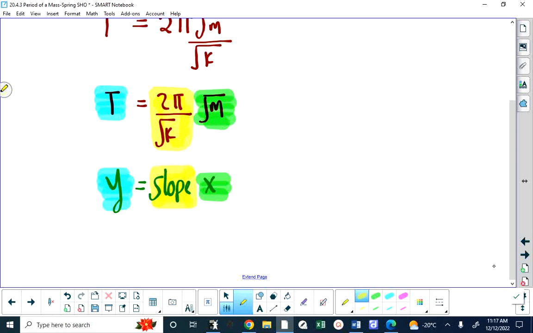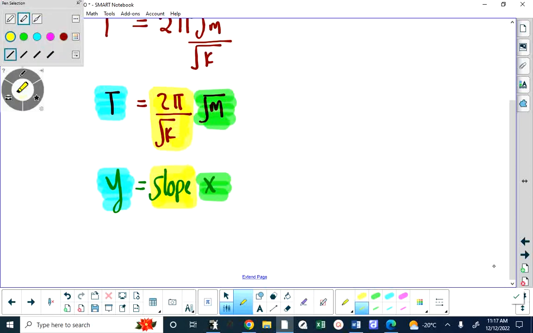But more importantly, the slope is defined by what you multiply x by to get y. And I know mathematically there's no real difference, but I want you to draw this kind of analogy all the time, where this is the slope because this is y and this is x.